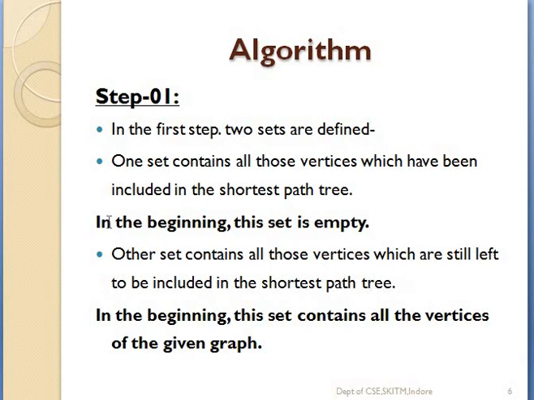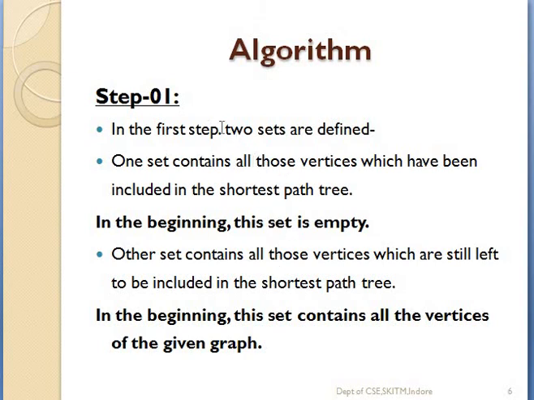The first set is the visited set and the second is the unvisited set. In the beginning the visited set is empty, and the other set contains all the vertices of the given graph.